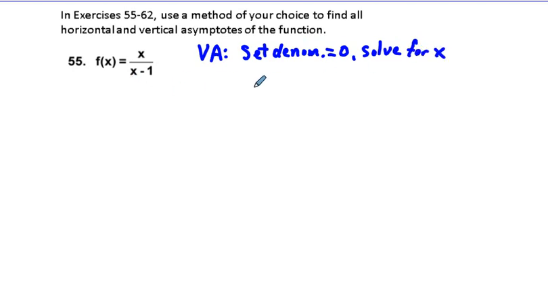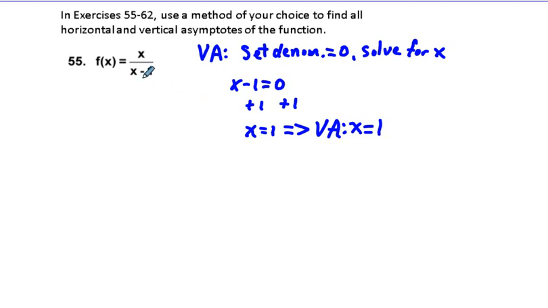So here we have our denominator. We set x minus 1 equal to 0. And we solve for x. x is equal to 1. And so our vertical asymptote, which I abbreviate VA, is going to be x is equal to 1.